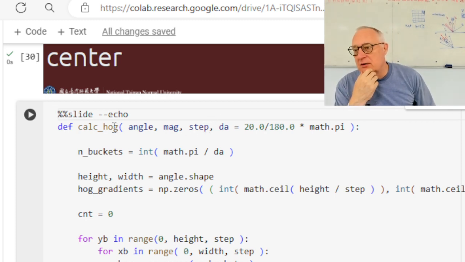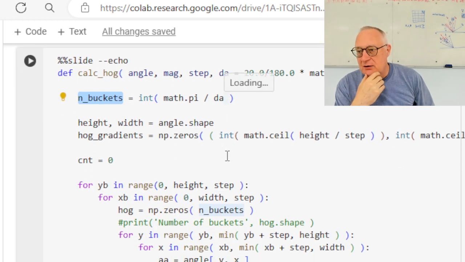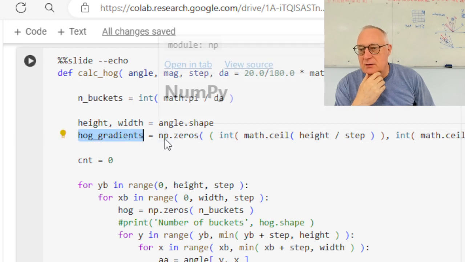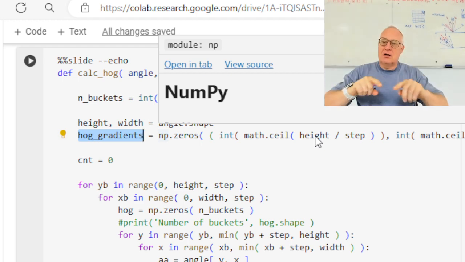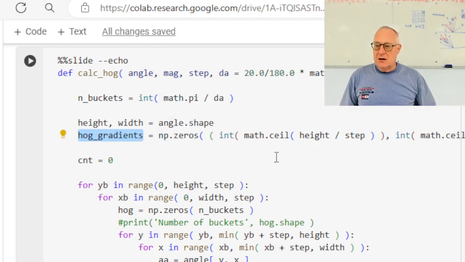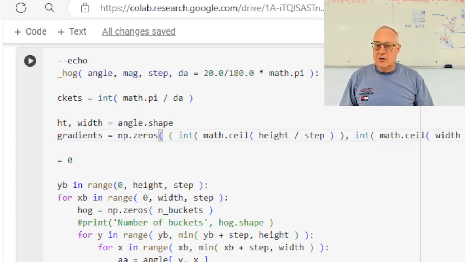So here we start out with calculating our histogram of oriented gradients, the number of buckets based on the angle degrees. So the HOG gradients will be 1 for each block, right? So the number of blocks in Y and X, and then the number of steps that I have, in which case that will be 9.